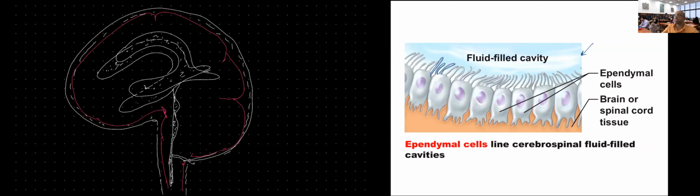In order for the CSF to circulate, we don't have a pump that would actually be pushing the CSF to circulate inside those brain ventricles and around the brain and spinal cord.